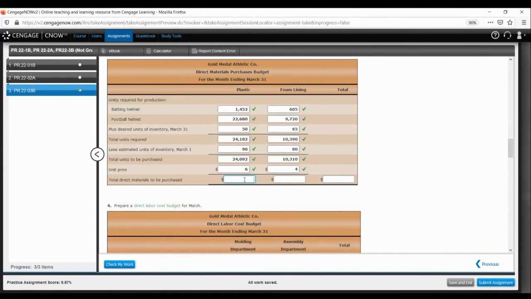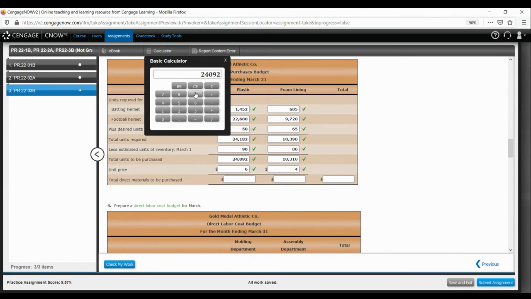The last part of this is to multiply the cost per unit times the number of units that we want to purchase of our materials. So we're going to multiply the 24,092 times $6. That will give you 144,552.